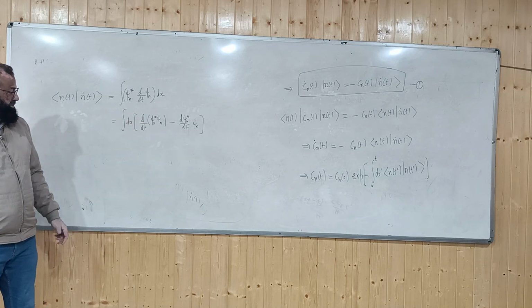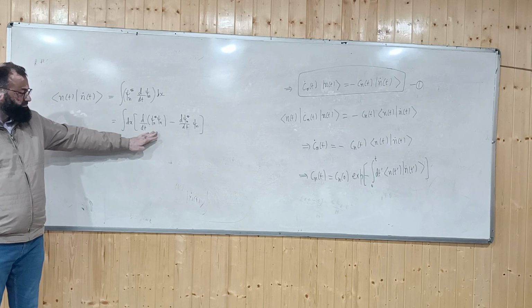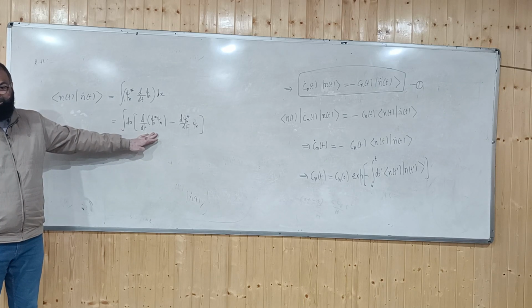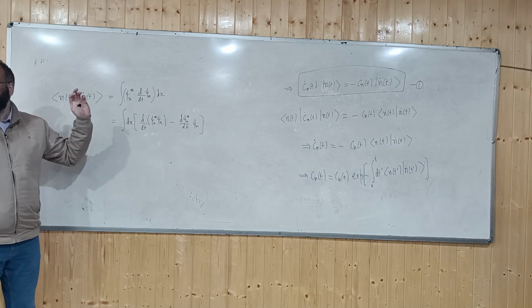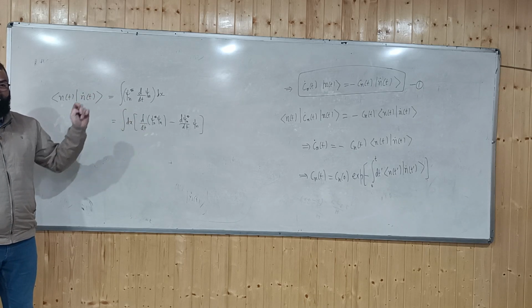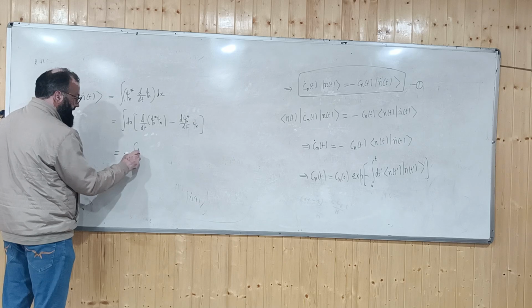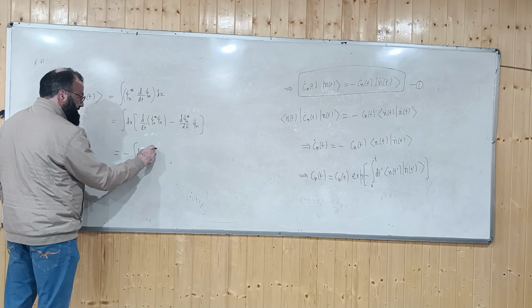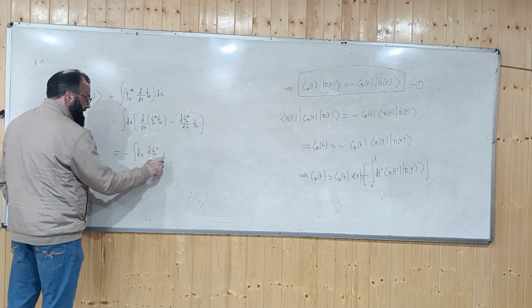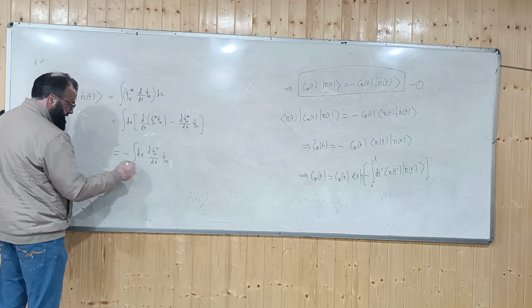What about this term? This is 0 because ψ gives you the normalization property. It's a constant. So what you have got is simply minus the integral dx of dψ_n star by dt ψ_n. Let's put it back in bra-ket notation.